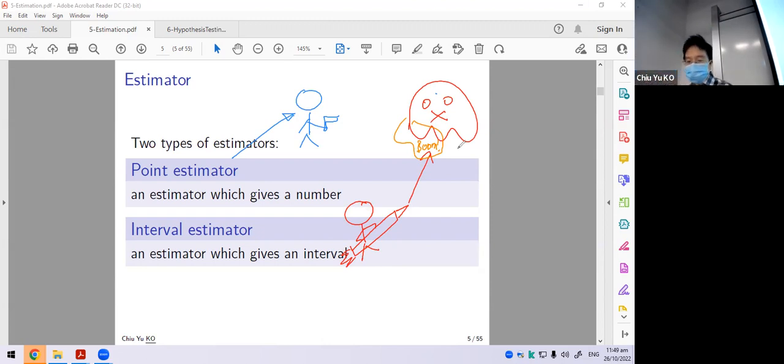And giving you a bomb or a nuclear also tells you how precise or how accurate your estimate is, because instead of telling you a point, I tell you a bunch of points, and it's likely that the true value falls within. So you're actually giving more information.